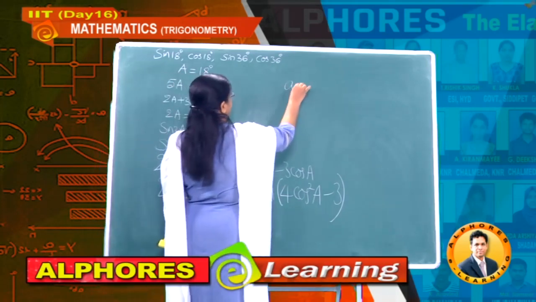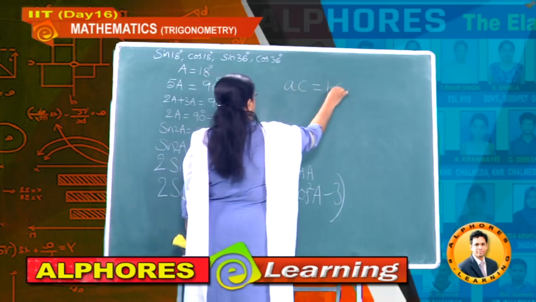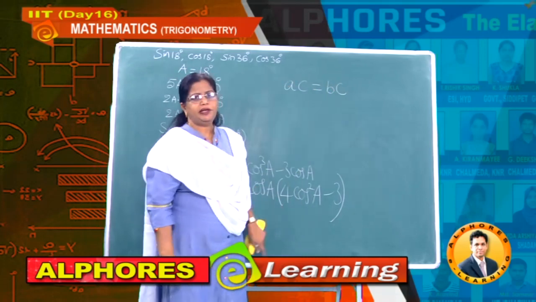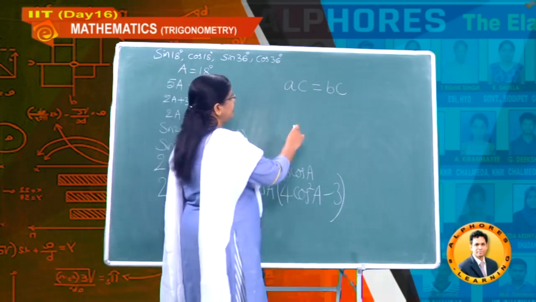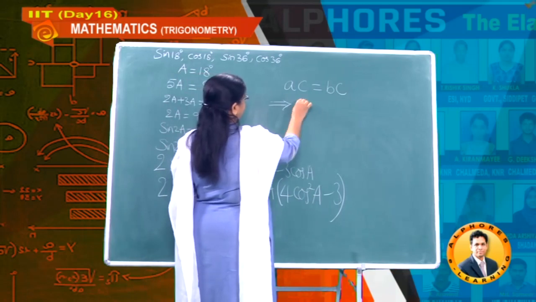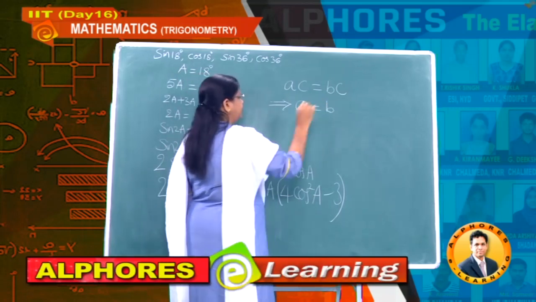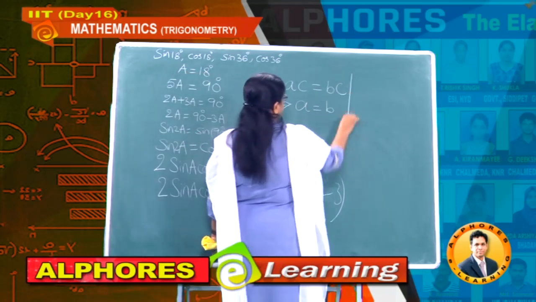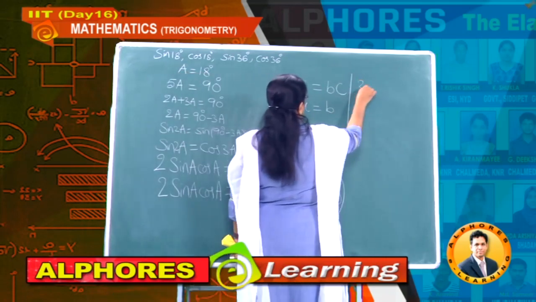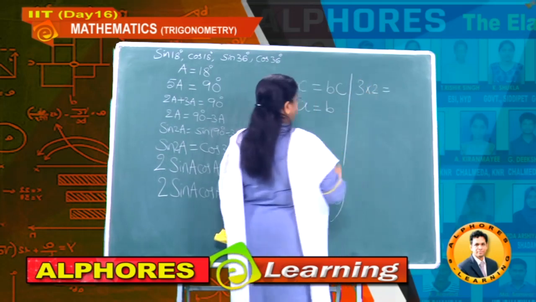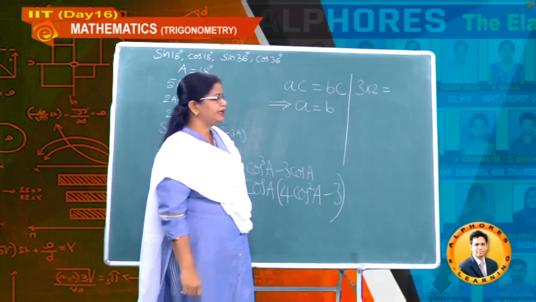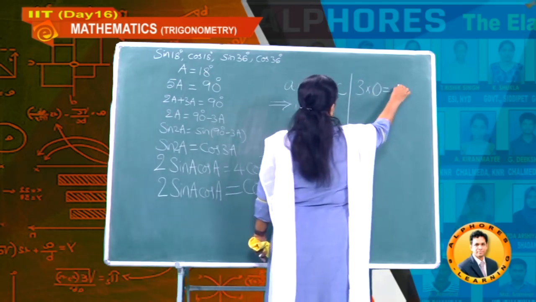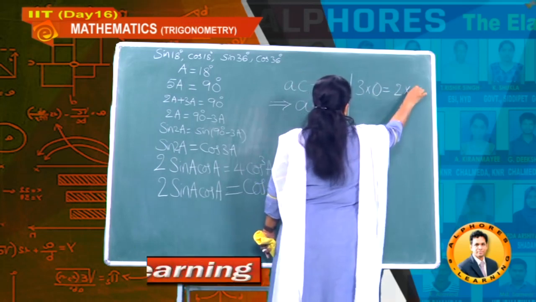Students, if I write AC equal to BC, don't cancel directly. What is the problem? If I cancel, A equals B. Is there anything wrong in that? But take some numbers: 3 into 0 equal to 2 into 0.